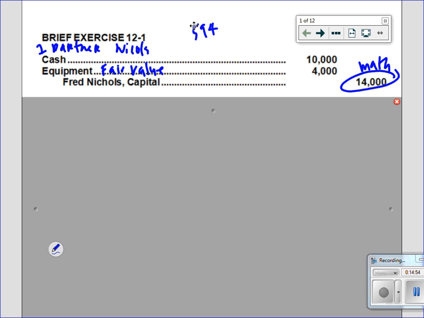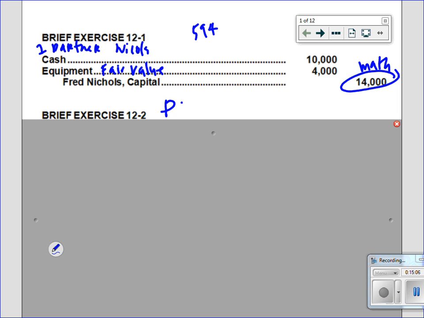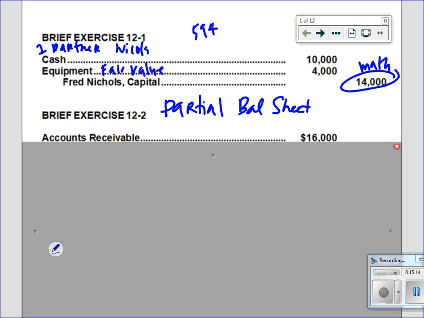Indicate how the accounts should appear in the opening balance sheet of the partnership. So this isn't actually a journal entry. This is a partial balance sheet. Okay, we are going to bring in AR at its book value because the contra account does come with the partnership.